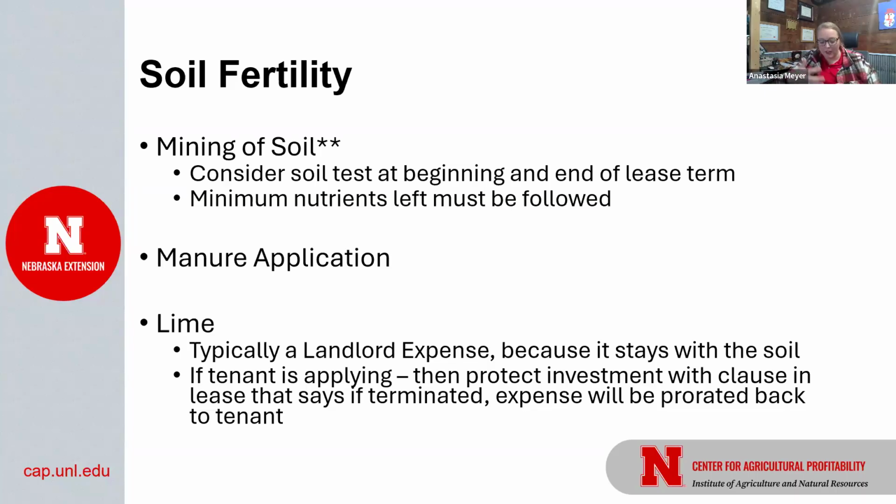Now, if your ground needs improvement, whether that is a lot of nutrients added back in because the soil nutrients were kind of mined, or if you need lime, you might consider a multi-year lease with a clause in there that you still have the right to terminate that tenant.